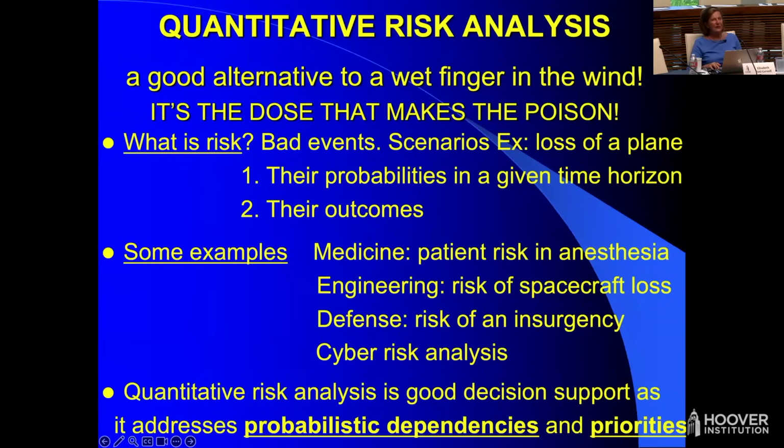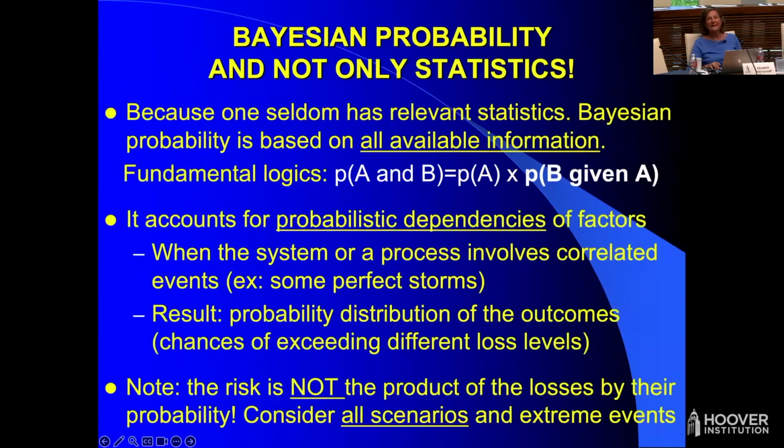So I would say quantitative risk analysis is a good decision support because it addresses things like probabilistic dependencies and priorities that the qualitative risk analysis do not in general. We use Bayesian probability and not only statistics. Why? Because I very often have relevant statistics in my work.